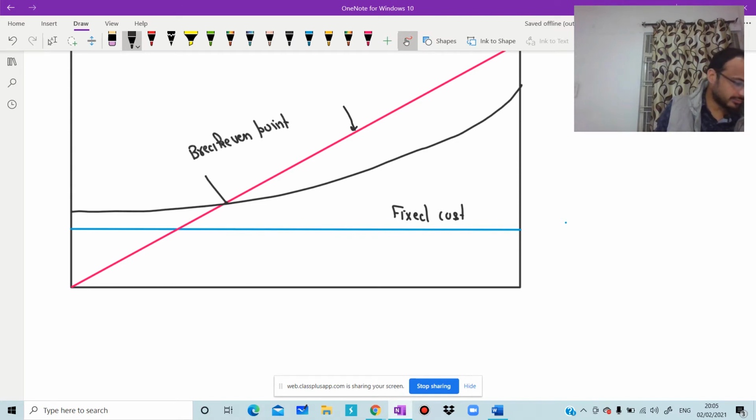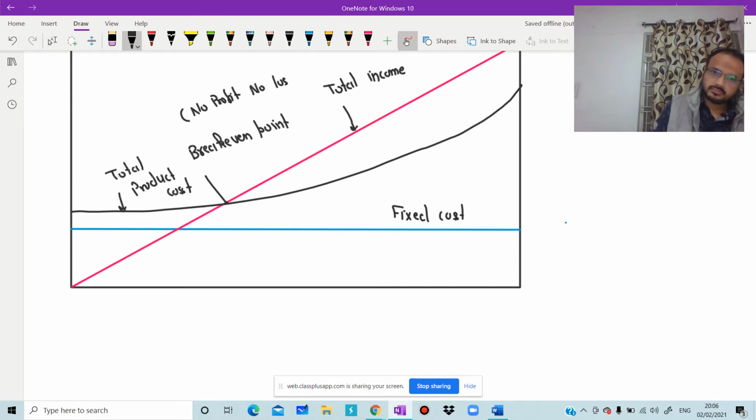This line represents total income, and this represents total product cost. Loss region, no profit, no loss. Fixed cost is independent of the capacity, rate of production: money versus rate of production.